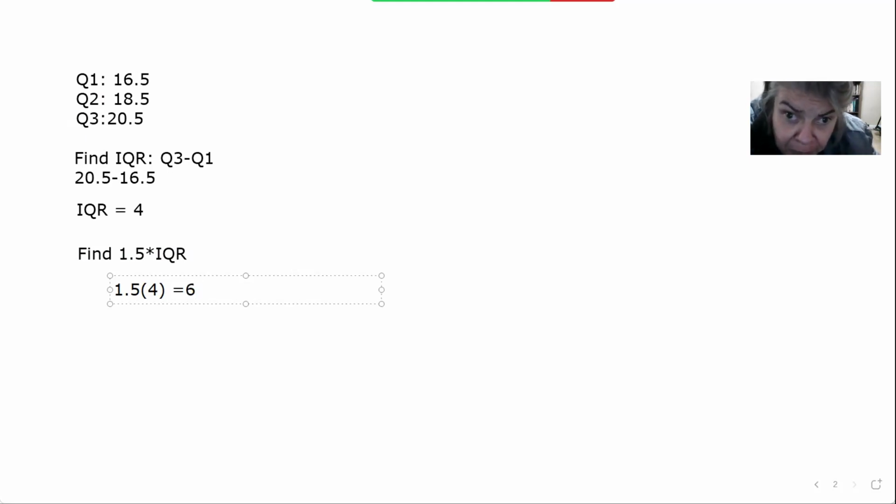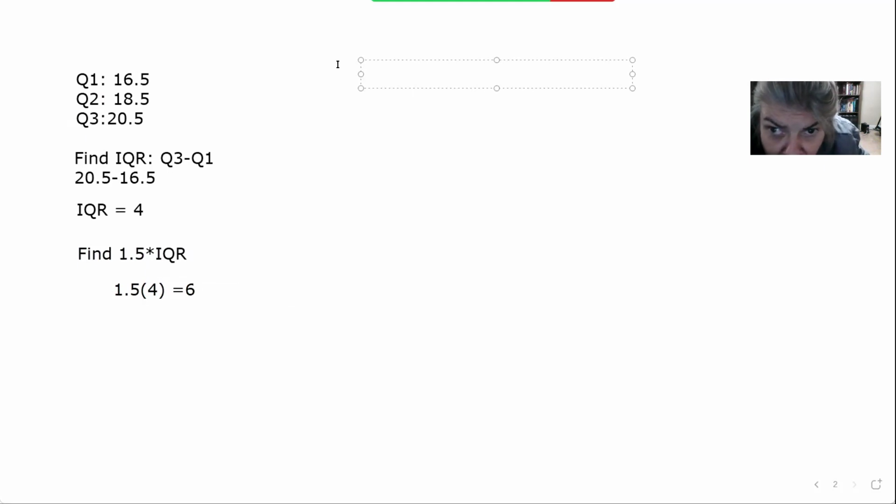Now what we're going to do is the real nitty-gritty work of finding outliers. We're going to find the boundaries that define what expected data from outlying data would be.